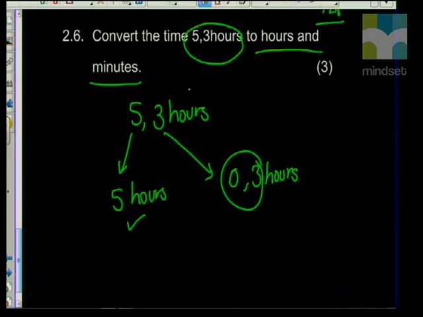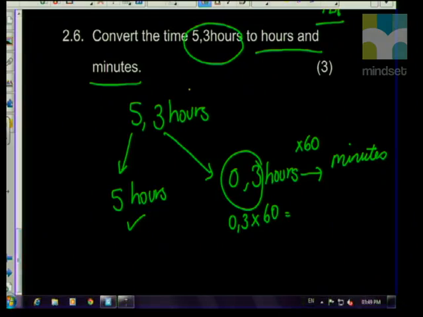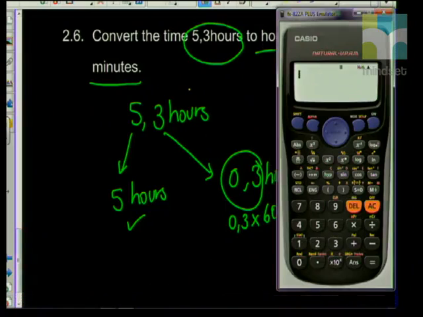And I need to now convert this to be minutes. Remembering that there are 60 minutes in an hour, I need to then, in order to convert this from hours to minutes, I'm going to times this by 60. So I would get my calculator out and say 0,3 times 60 equals 18.